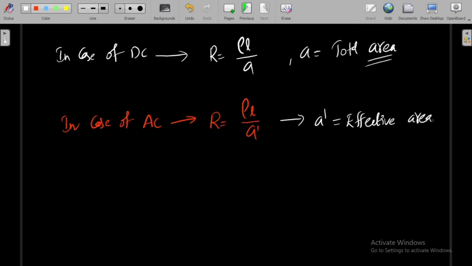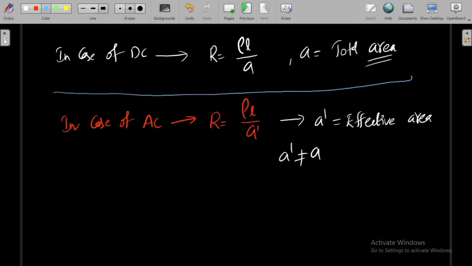Because this area is different from the total area, so A dash is different from A. So in case of DC, A is nothing but the total area, so there is no problem in finding the resistance in case of DC. Whereas in case of AC, the effective area is not the same as the total area.